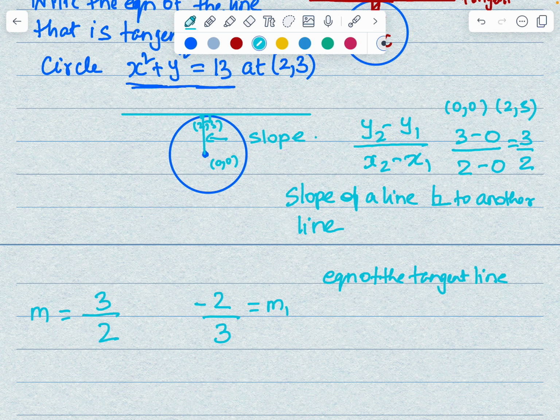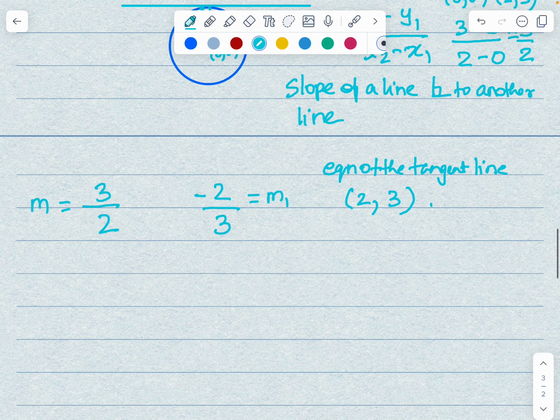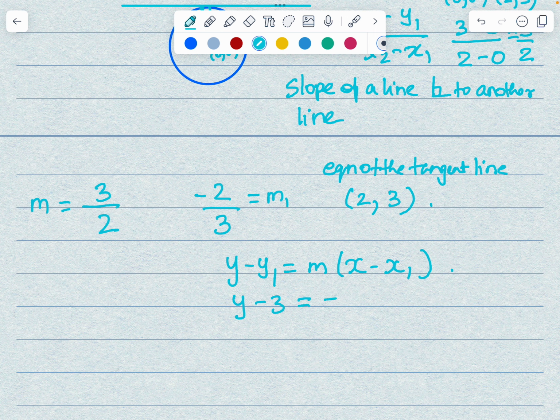Now for the equation of the tangent line, what do we need? We need slope and we need a point. We know that 2, 3 is a point on that. So now you have point and slope, so use the point slope formula. Point slope formula is y minus y1 is equal to m into x minus x1. So y minus 3 is negative 2/3 into x minus 2.